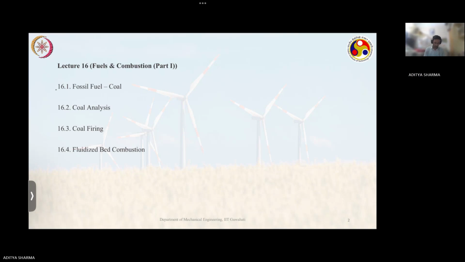So the topics are like this. First, coal has been discussed, and then analysis of coal has been done. Then, how can we fire the coal? Different methods have been discussed, and after that, fluidized bed combustion.